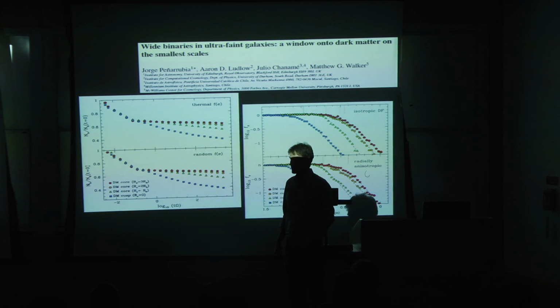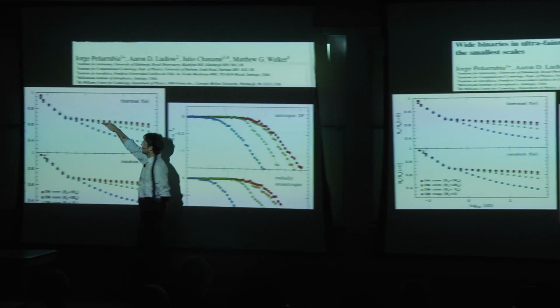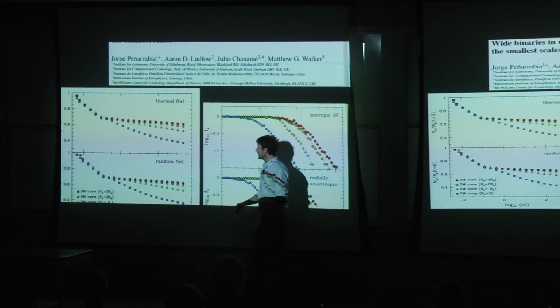There hasn't been much work done on this. This is early work looking at numerical simulations of the disruption of wide binary stars due not only to the substructure, but to the tidal field of the Navarro-Frenk-White cusp itself, which presents a very strong tidal field. This simulation showed that in the tidal field of an NFW halo, the number of wide binary systems declines much more than the number of wide binaries in a core dark matter halo.